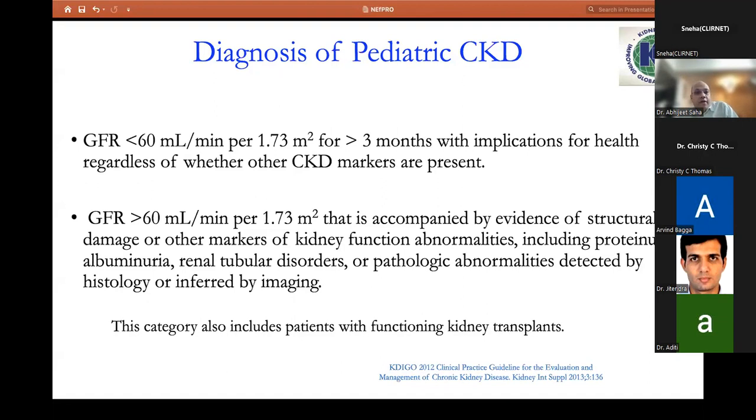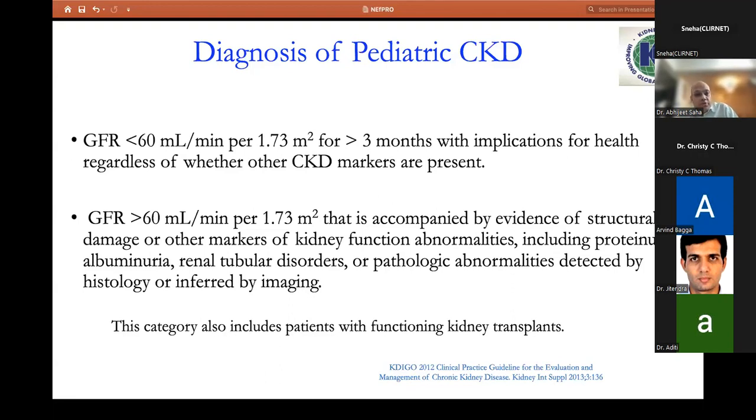A GFR of less than 60 ml per minute per 1.73 meters square beyond 3 months with implications for health, regardless of whether other CKD markers are present or not, is taken as chronic kidney disease.